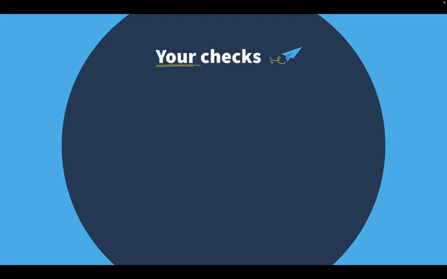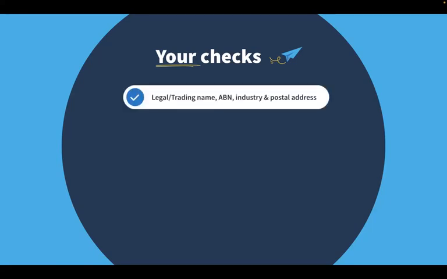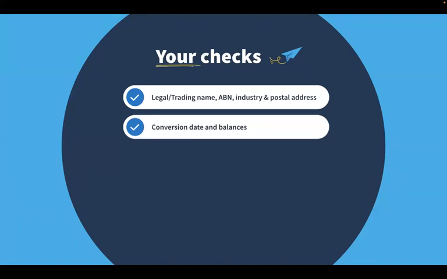So we are moving on to your checks. So what do we recommend you do before you actually start to do things in their file? First one, check the legal trading name and their business details for accuracy, especially the postcode. If your client has switched over to Xero midway through the financial year, then review the conversion date and conversion balances, ensuring everything checks out.